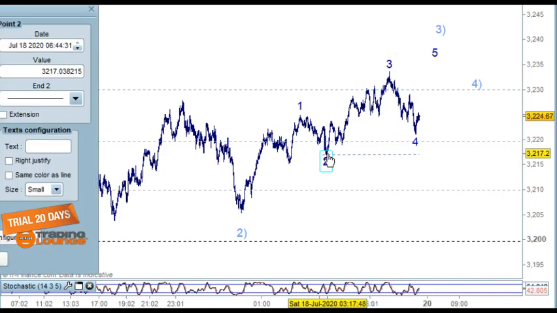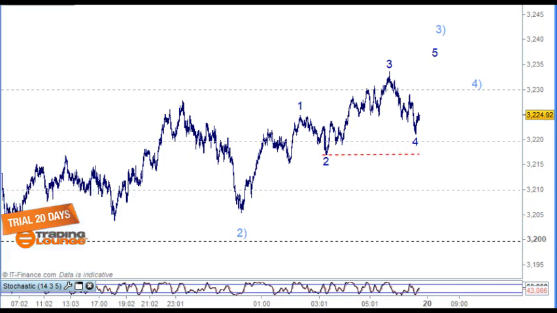If those 5 waves are breached by a move back down from that low, then this move to the upside crumbles at that point. So that's what we'll do there. This brings us pretty close to break even. Not quite, but good enough to leave it there for this particular situation. So yeah, look, that's kind of where we are really.